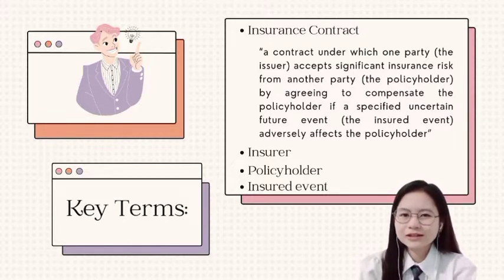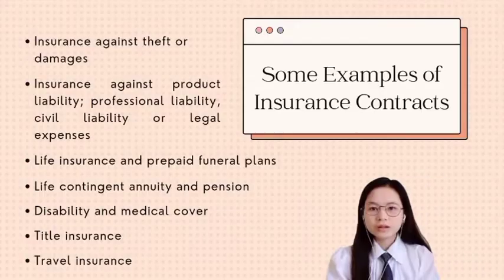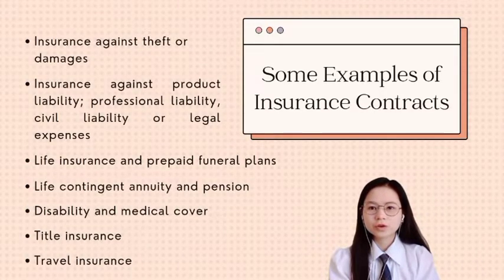Contrary sa definition ng isang insurer, policyholder is a party that has a right to compensation under an insurance contract if an insured event occurs. Lastly, when we say insured events, it is a certain future event that is covered by an insurance contract and creates insurance risk.